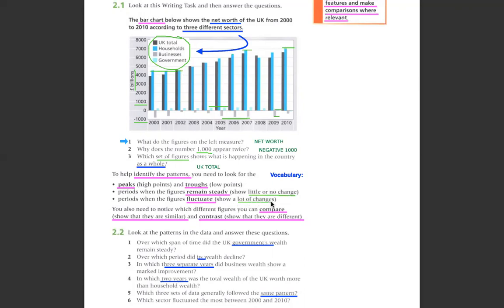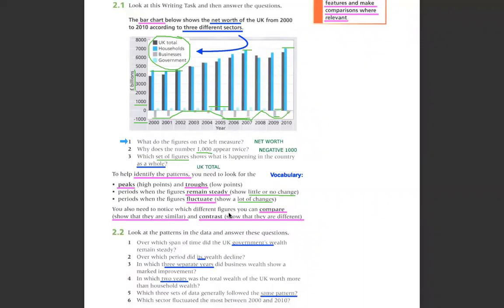This means they show lots of changes. So we can see that business shows lots of changes. It's low and then it goes higher, remains steady, goes low, and it's very up and down. So if we can draw a line and the line looks like it goes up and down a lot, this means that it fluctuates. Okay.